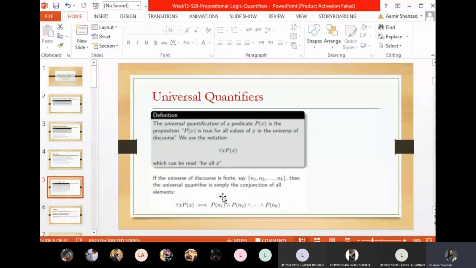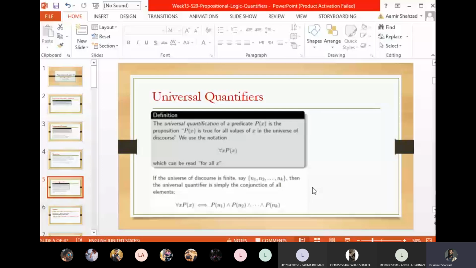So if we have a number of elements in our universe of discourse, suppose those elements are n1, n2, n3, nk. So universal quantifier के लिए जरूरी है कि आपकी statement इन तमाम elements के लिए true हो. So it should be true for n1, it should be true for n2, it should be true for n3, and so on. It should be true for nk.